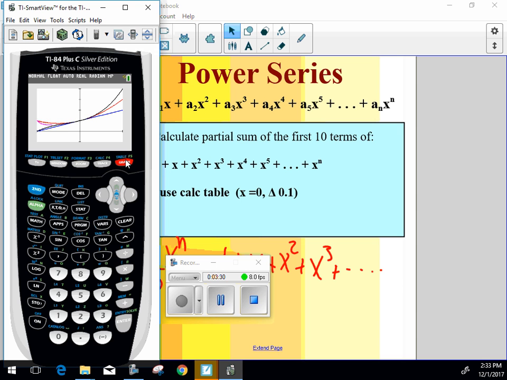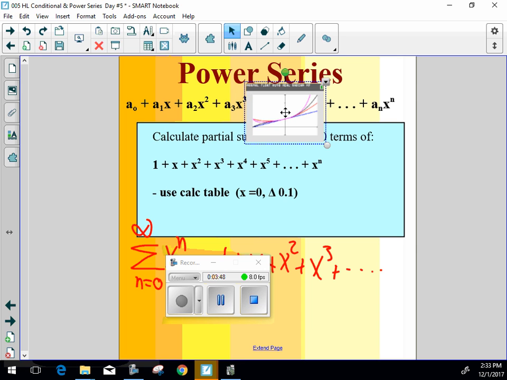Here's the one with x. I think this is the one that went to x to the 8th. See how slow it is? But look at how close it is in this part. If you took the limit as x goes to infinity, this is going to fit an interesting shape.